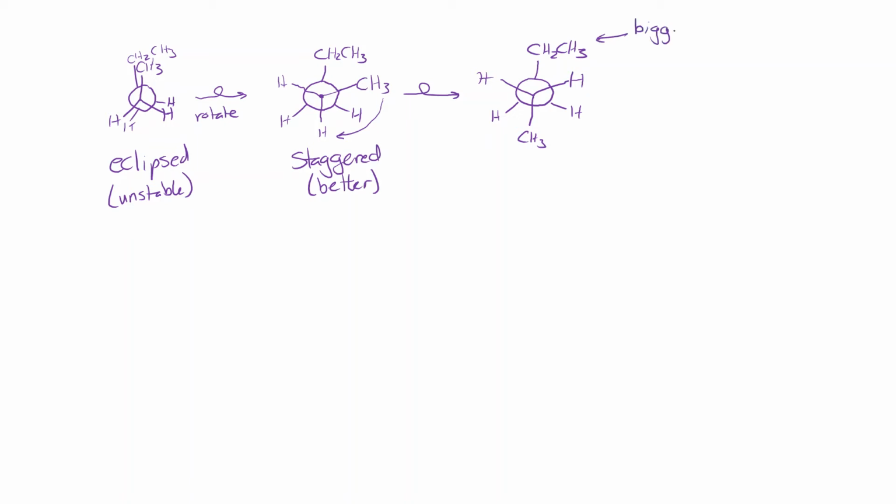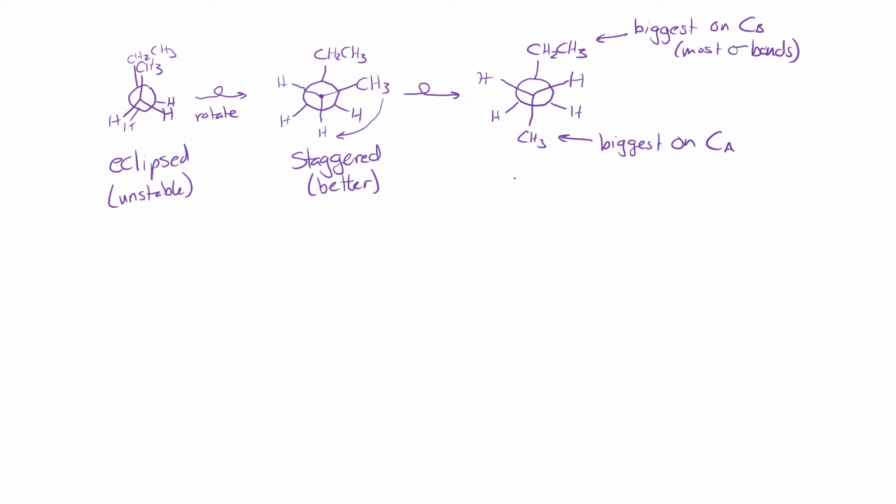This one is the biggest on carbon B, and this one here is the biggest on carbon A. It has the most sigma bonds. So if we're comparing sigma bonds, we have CH3, which has 3 sigma bonds. We have a hydrogen, which has no sigma bonds, and another hydrogen over here that has no sigma bonds.